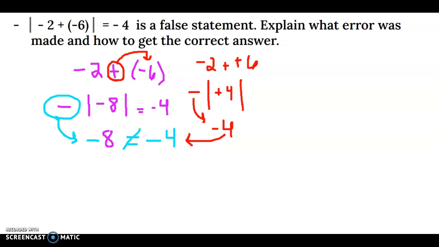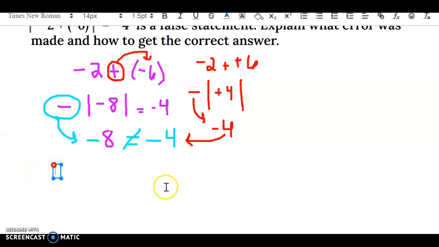Well, let's make a sentence. So I'm going to use a text box. And I'm just going to open up my text box here and I'm going to explain it just because it's easier to actually type out than to write out. And I'm going to make that nice and big so you guys can see it.